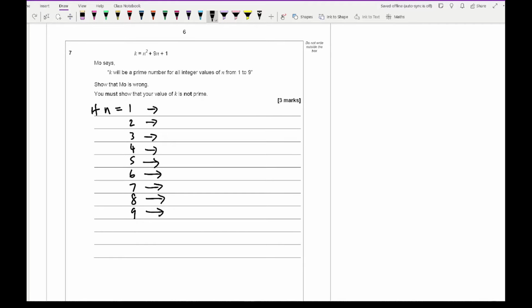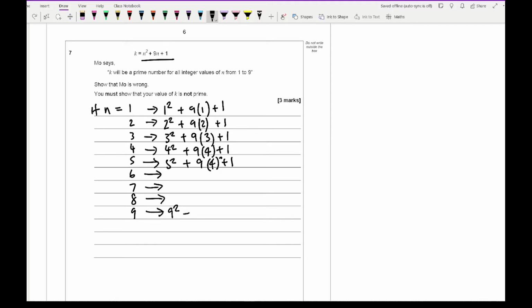So if I substitute n equals 1 into this, I've got 1 squared plus 9 times 1 plus 1. It'll be 2 squared plus 9 times 2 plus 1. 3 squared plus 9 times 3 plus 1. 4 squared plus 9 lots of 4 plus 1. 5 squared plus 9 lots of 5 plus 1.